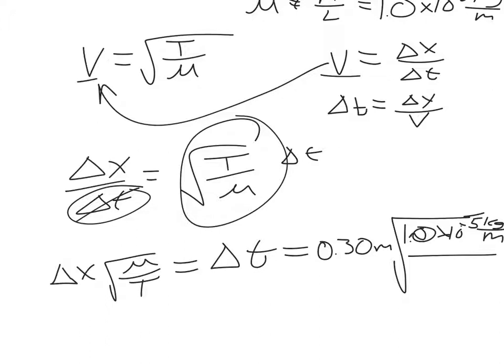The bottom should be a tension. Should be 0.40. And a newton is a kilogram meter per second squared. Okay. Why do I think my units are not going to cancel here? Well, let's see what happens.